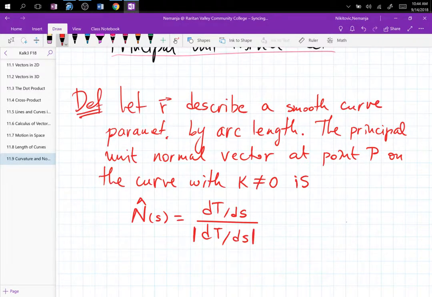It's a unit vector, which is technically 1 over k times dT/ds. These T's are all unit vectors, so they all have hats.